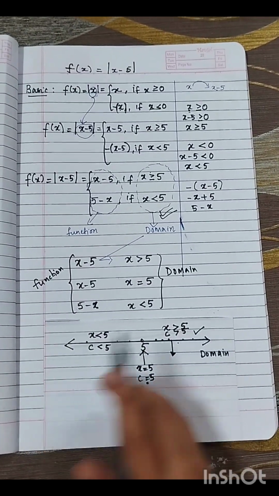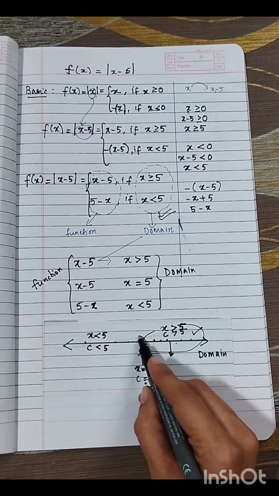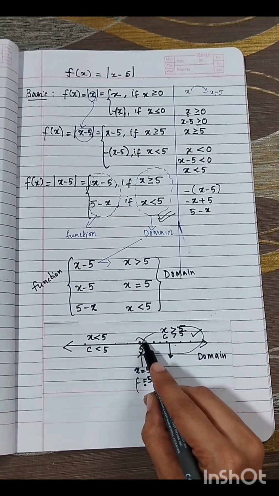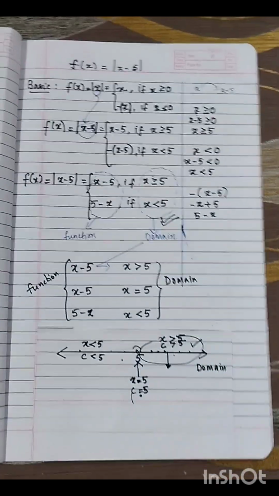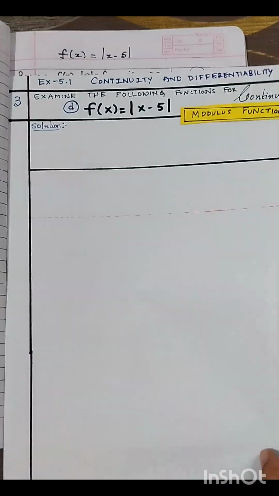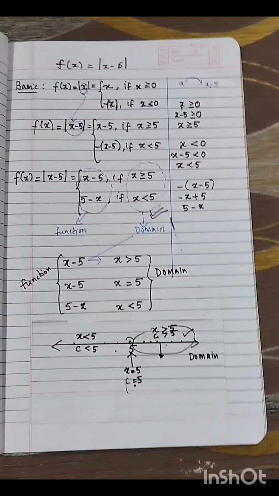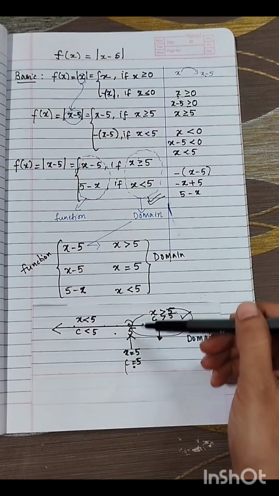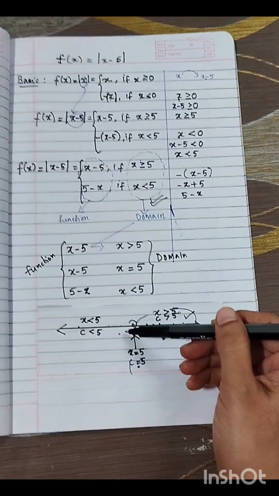So we have to check the continuity in this domain, we have to check continuity at this point, and we have to check continuity in this domain. That's what our question was, right? You have to check the function for continuity. So you will check the continuity in three parts: greater than 5, at 5, and less than 5.